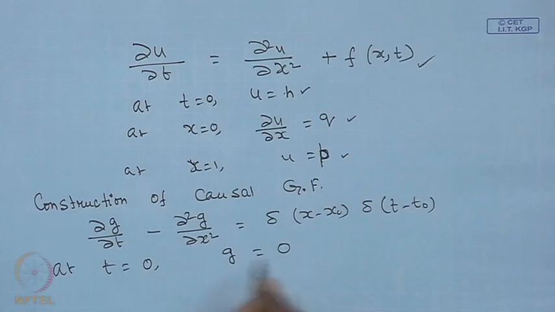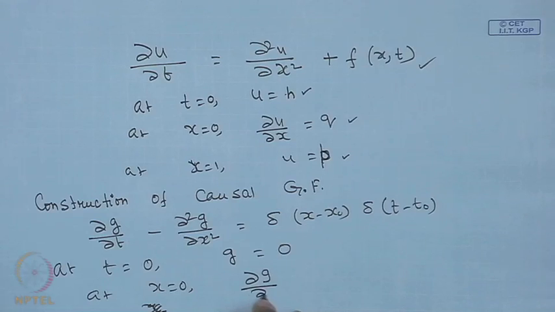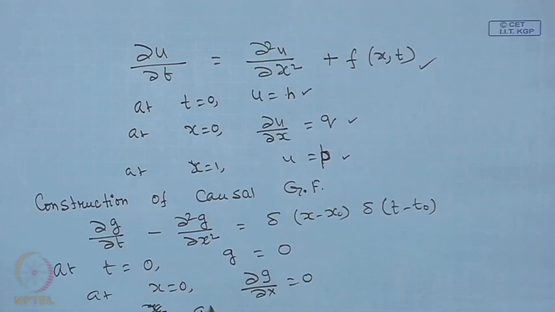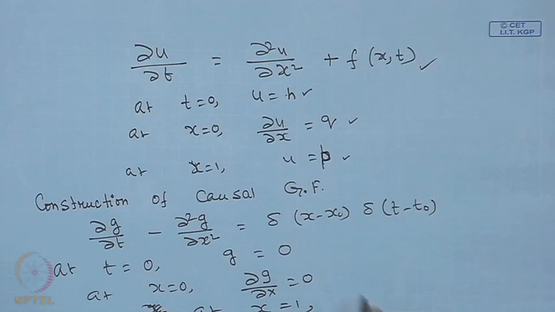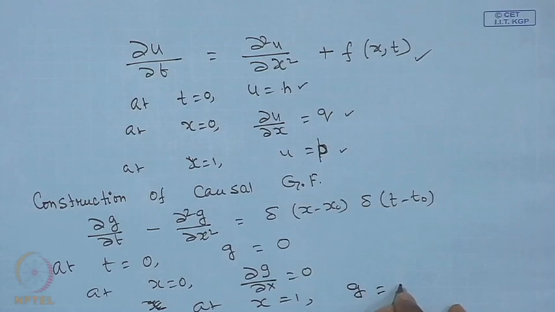At t is equal to 0, g is equal to 0, at x is equal to 0, we should have del g del x is equal to 0, at x is equal to 1, we have g is equal to 0. Now, if you look, the initial condition was u equal to h. So, we write g is equal to 0.